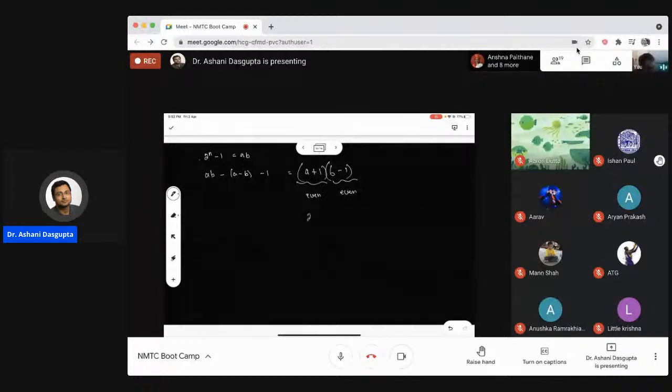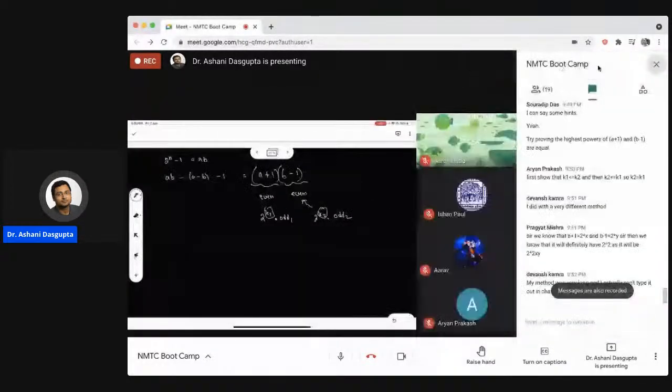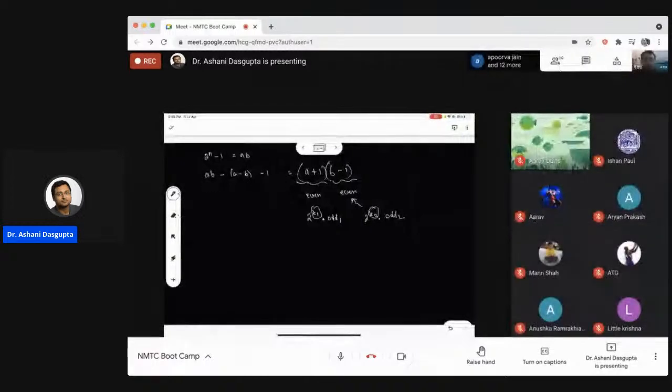So this is 2 to the power k1 times odd 1, and this is 2 to the power k2 times odd 2. We have just extracted the highest powers of 2 from each of these pieces. We just want to show that k1 is equal to k2. That's what we want to show. Our goal is to show k1 is equal to k2. So how do we show it?